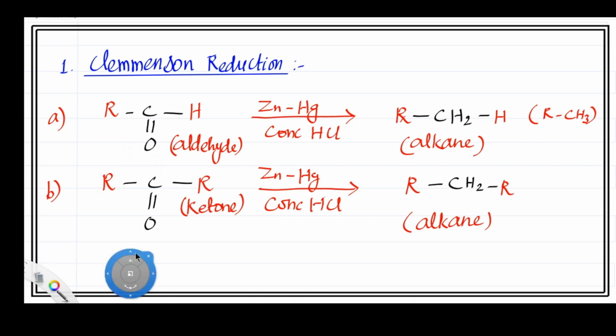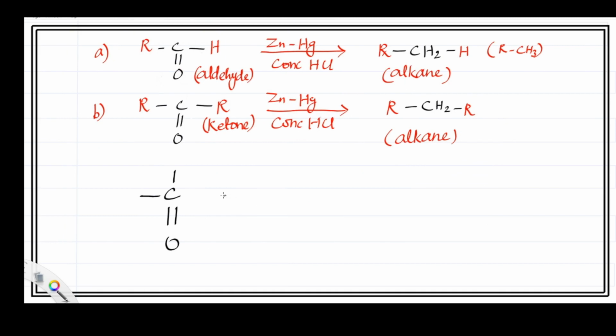Here the carbonyl group, that is C=O, having two bonds, each bond containing two electrons, that is first electron and second electron between these two atoms, carbon and oxygen. On reduction, zinc amalgam and concentrated HCl produces 4 hydrogens. These 4 nascent hydrogens, which have high energy, attack the carbonyl bond, and homolytic cleavage may happen.